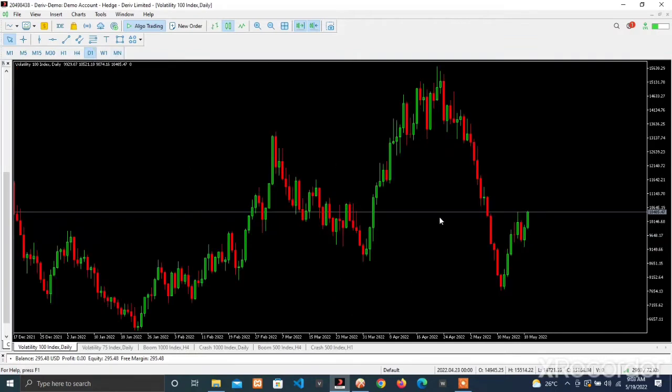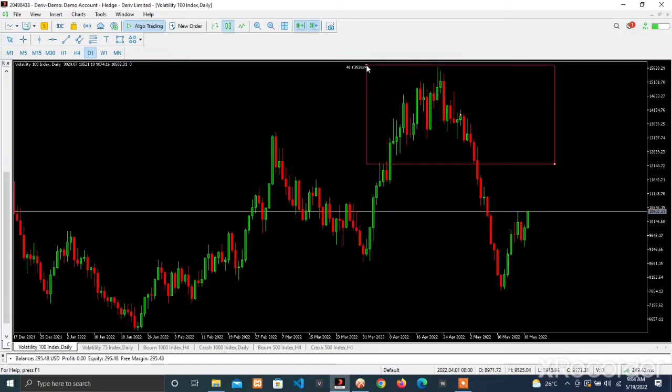First of all, we are going to be looking for a strong supply zone and also a strong demand zone as well. You can see that this is a supply zone here, at the very edge.